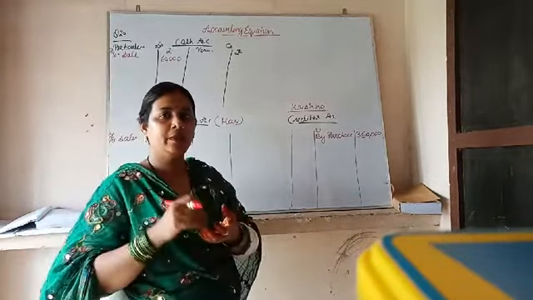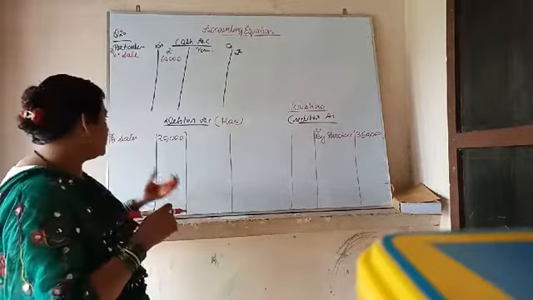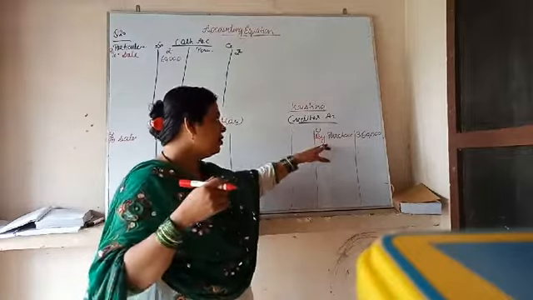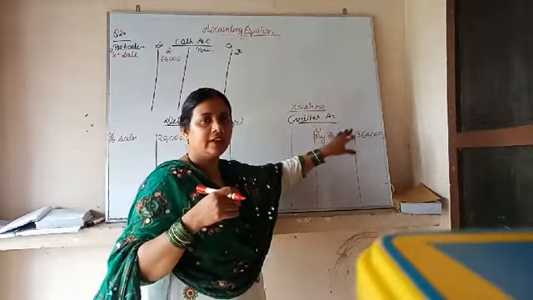According to the rules of personal account, debit the receiver and credit the giver. Krishna is the giver, so we will write it on the credit side.